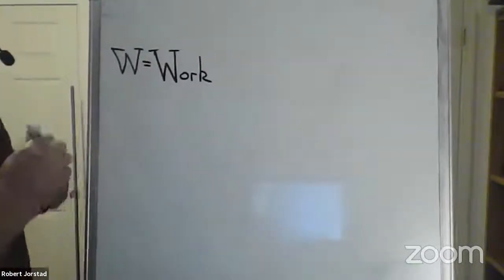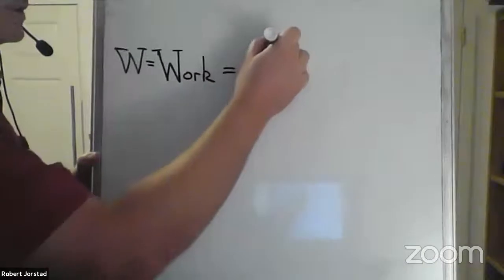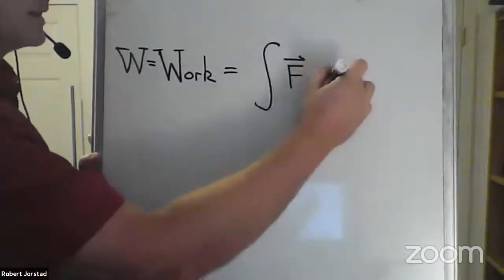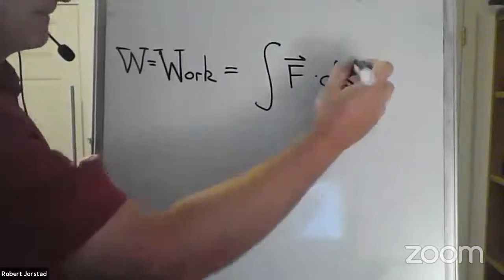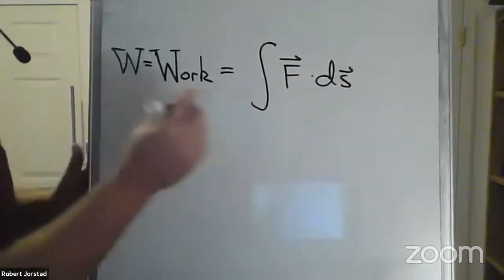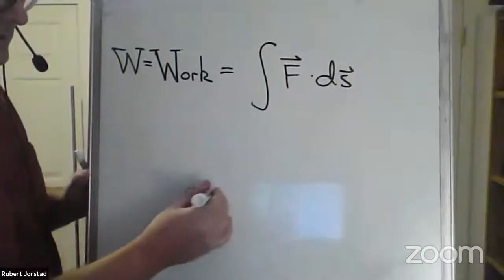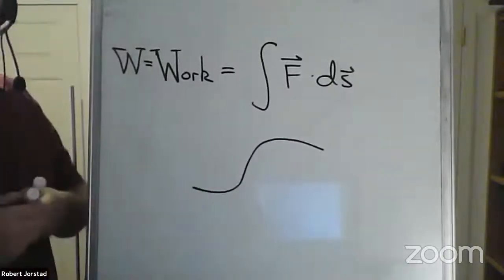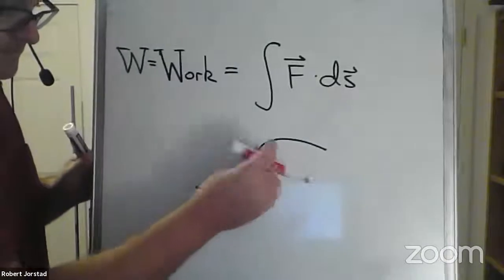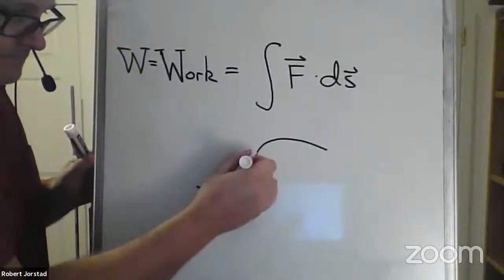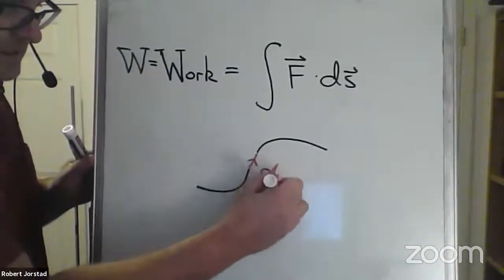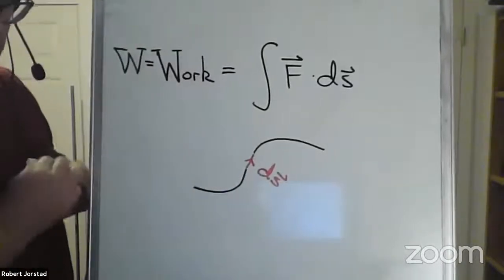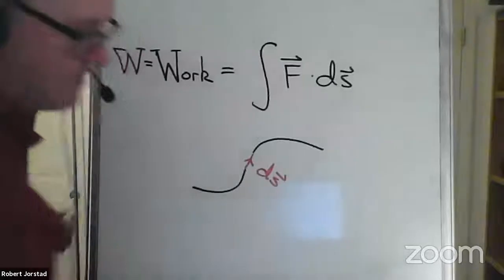Okay, work by definition is equal to the integral of a force times displacement. So ds here could mean, let's say you're going along some path. This is one tiny piece of that path. And then let's say you have a force here.